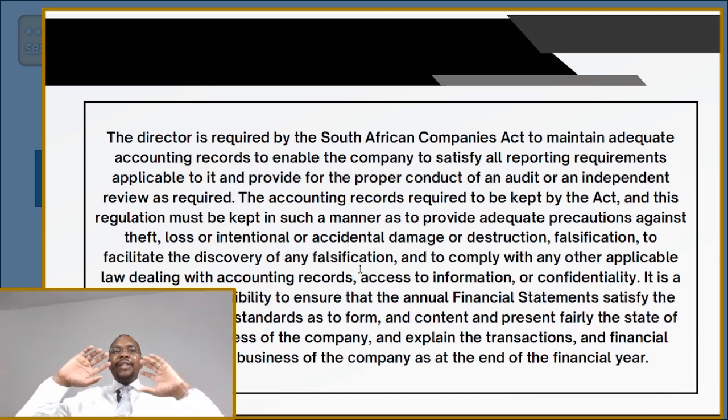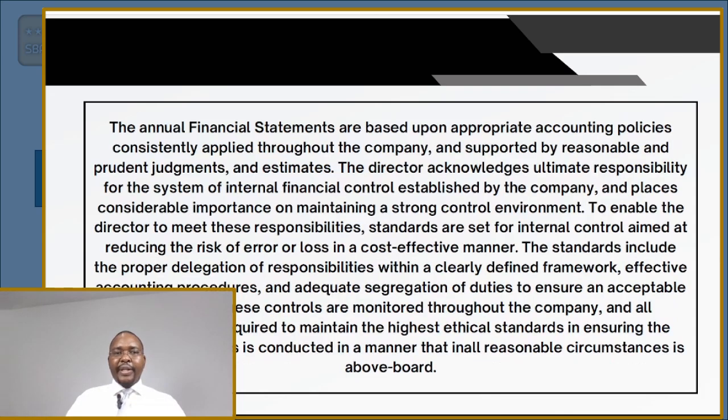So you, as a business owner, the Companies Act is requiring you to understand what we have called volume 6. Volume 6 is going to help you to keep these records, to understand these records, and to identify these records, so that when they are required, you are able to produce them.